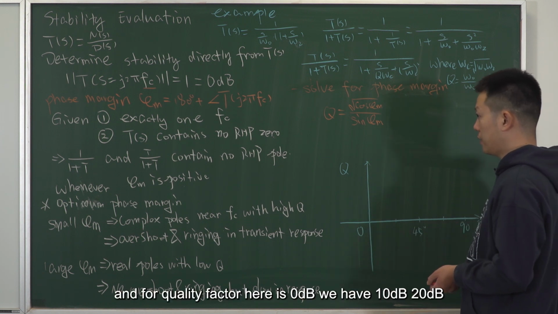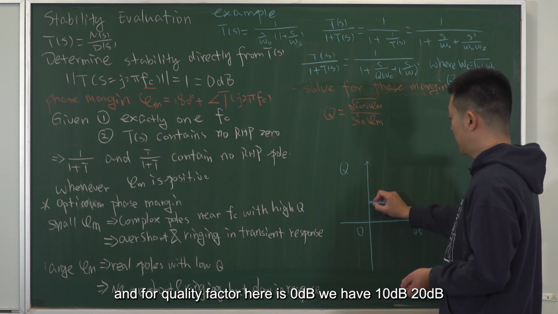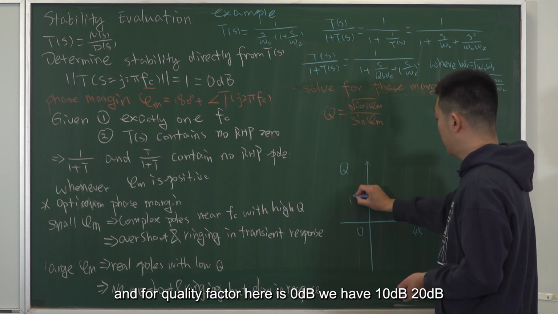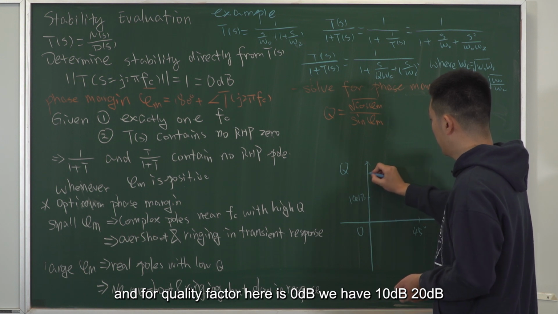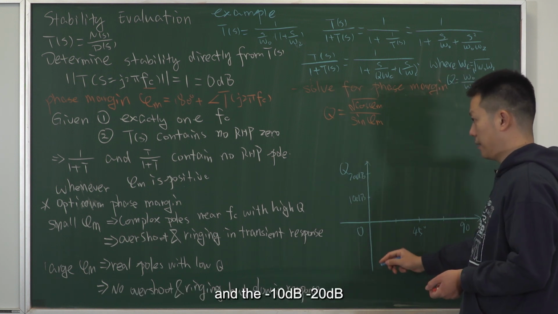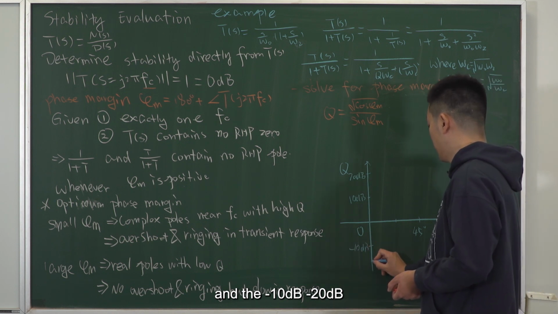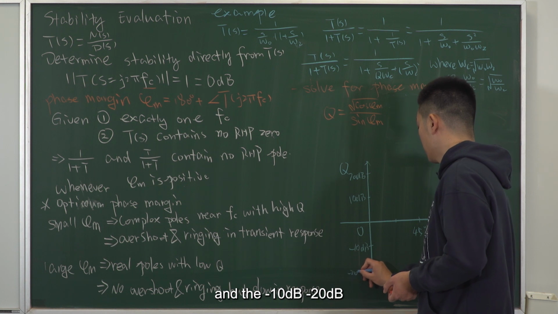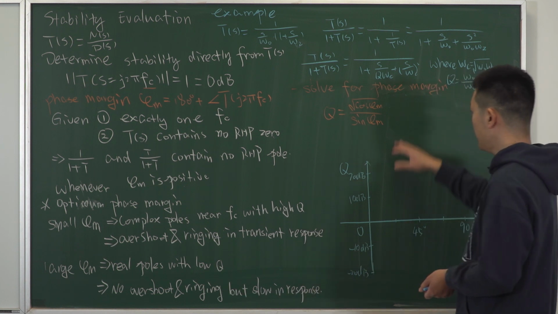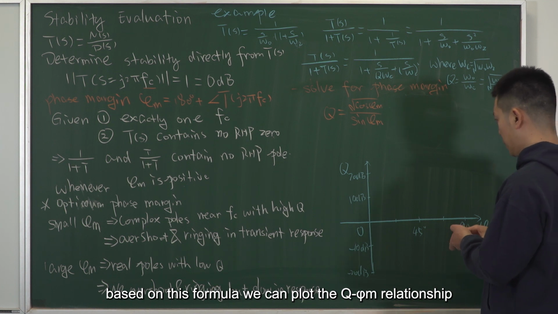And for quality factor, here is 0 dB. We have 10 dB, 20 dB, and minus 10 dB, minus 20 dB. Based on this formula, we can plot the Q phi m relationship.